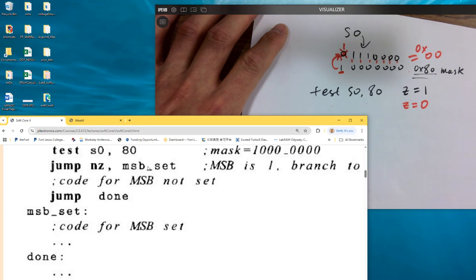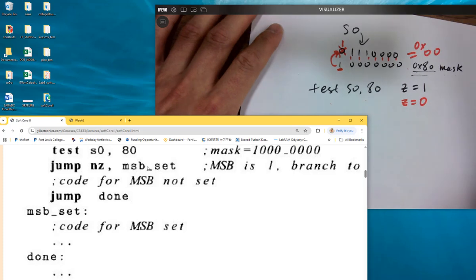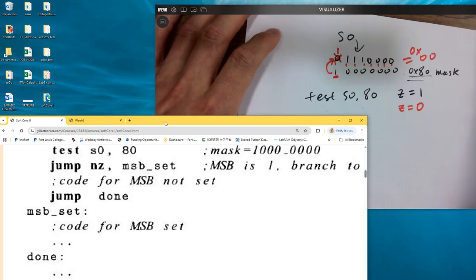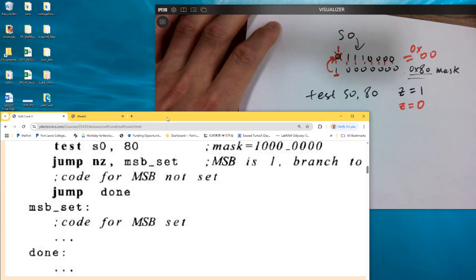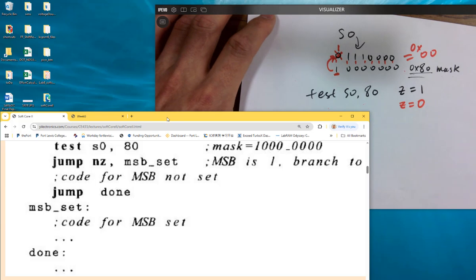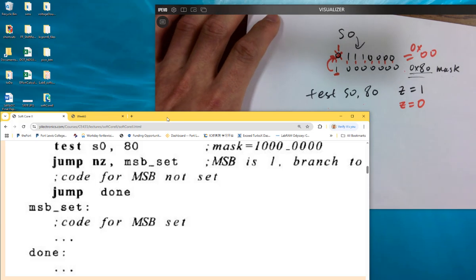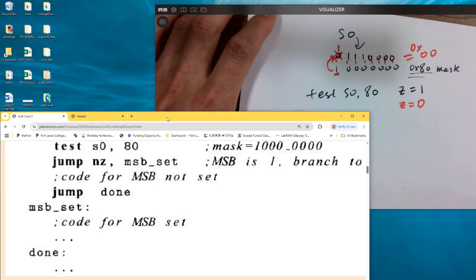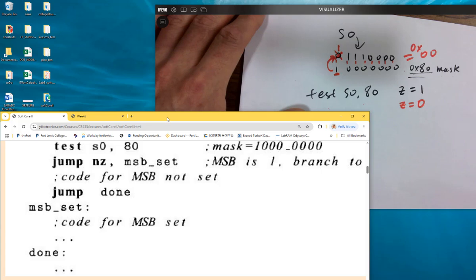Okay. So number 5. Extract bit 5 of S0 and load it to S2. Where is bit 5?